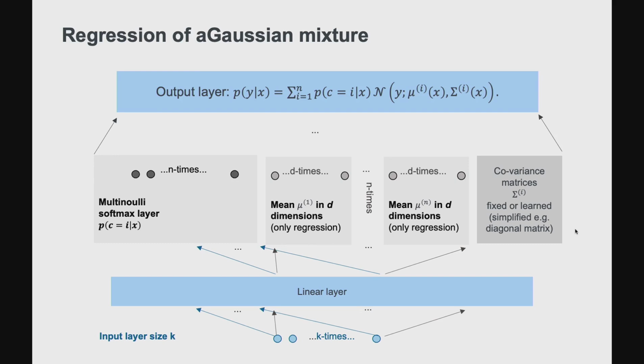Okay, now what you do is you allow for learning by introducing parameters here, like a hidden layer here: the probability that a particular x belongs to one of these classes, the means for these different classes, and the covariance matrix. And now in the output layer, you put all this together where you describe the probability that you produce a certain value.